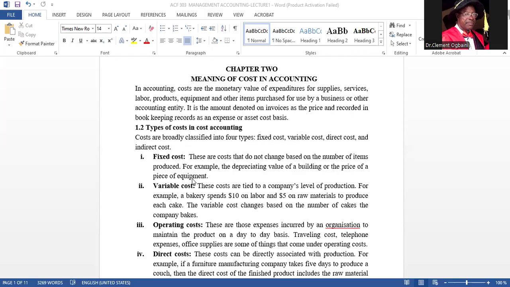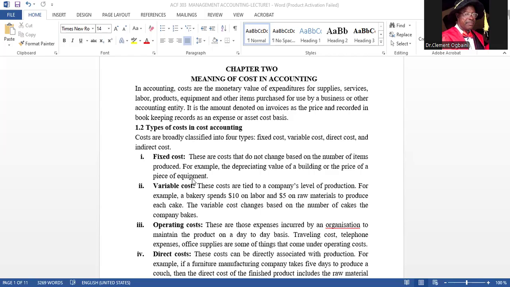So even when the asset is not used, the level of usage does not affect the depreciation. Another fixed cost is the amount paid to administrative staff, the administrative expenses, interest on loan, and also rent. These are fixed costs.